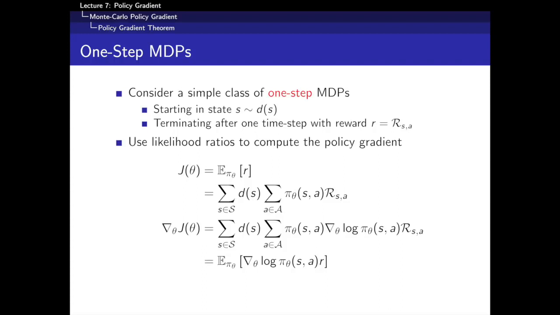And so now, if we were to try and solve this, we want to find the policy gradient. We want to understand how to adjust our policy parameters so that no matter what state we're in, we pick an action that's good. We want to adjust our way of picking actions so as to get more rewards. And the way we're going to do that is to start off by picking our objective function. So in this one-step case, all three of those objective functions we talked about become the same, essentially.